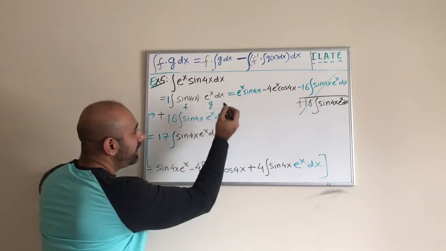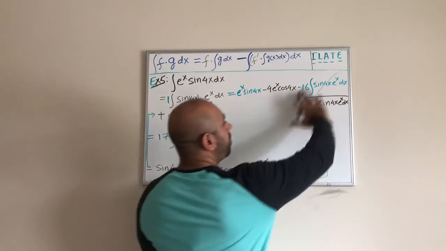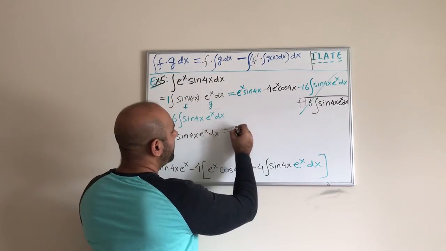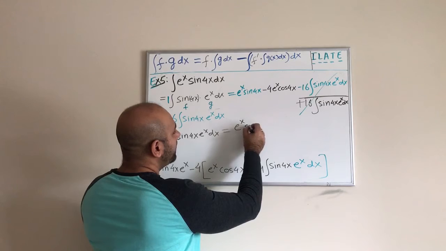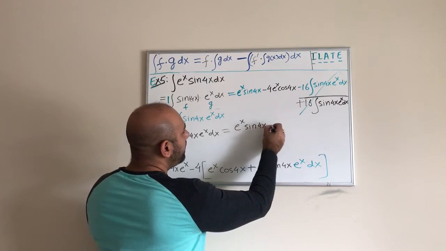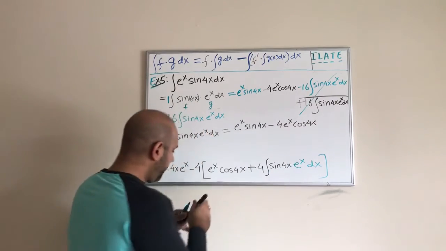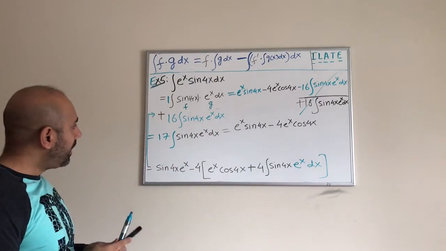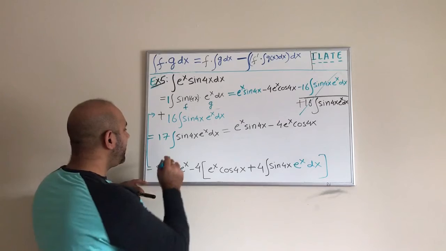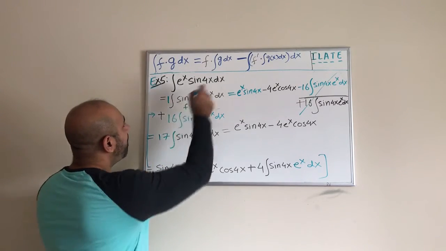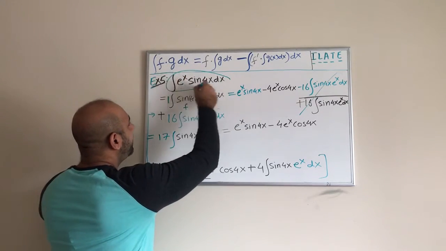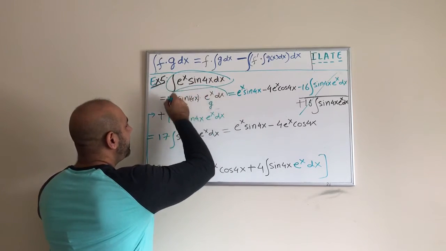And on the right hand side, nothing changes except for this goes away, and you're only left with this e to the power x sine 4x and minus 4e to the x cosine of 4x, right? From this, I'm not interested in 17 times this. All I want is to evaluate this integral, or when we rearranged, it's just this integral.